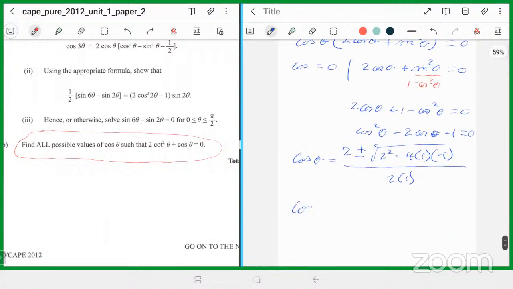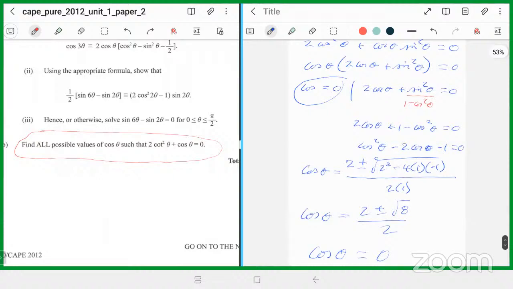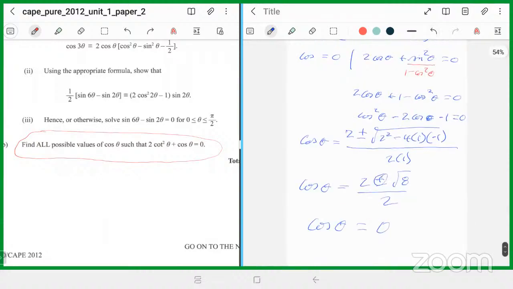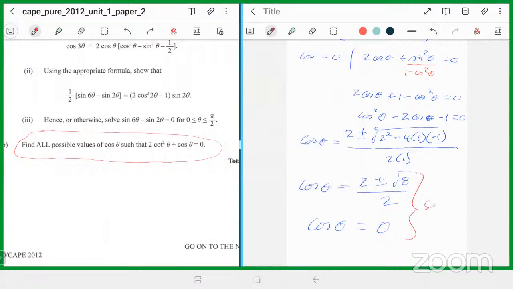So cos theta equals 2 plus or minus the square root of 4 plus 4, that is 8, over 2. So those are my values. Cos theta equals 0 from the top here, and cos theta equals the plus of this and the minus of that. So those are the 3 values that cos theta is equal to. That's my solution. They only ask for cos theta, which is what I found. That is it.